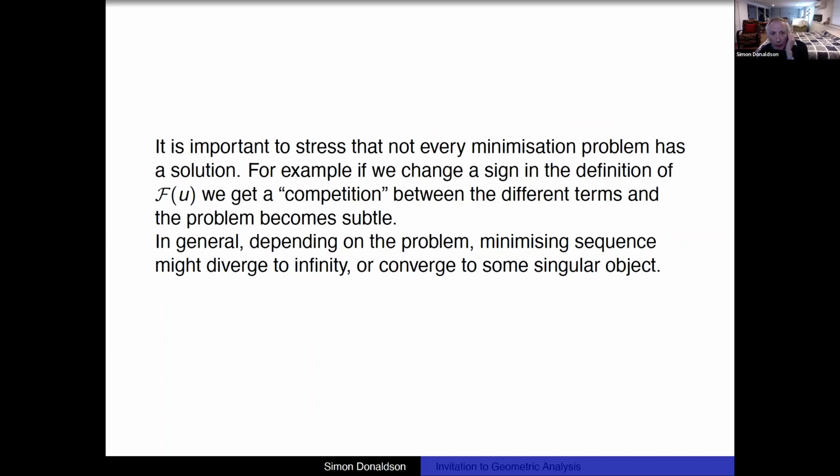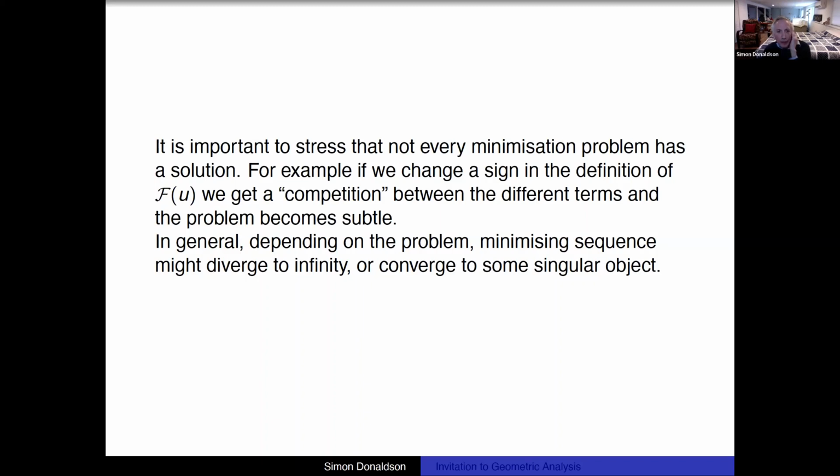Making the function large at a point maybe makes the algebraic term favorable, but maybe we tend to increase the term from the derivative. So we get competition between different terms in our functional, and the problem of the existence of a minimum can become very subtle.